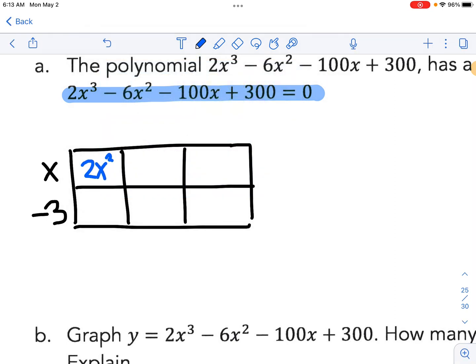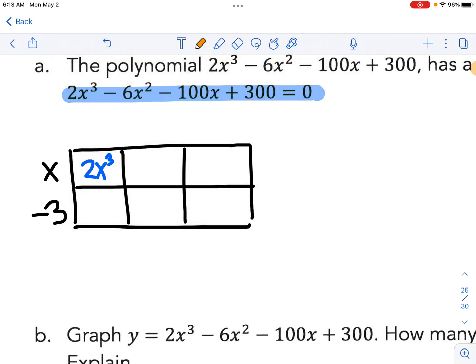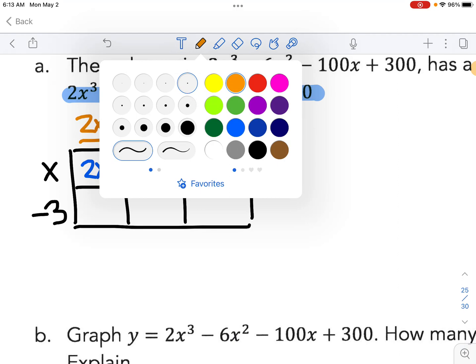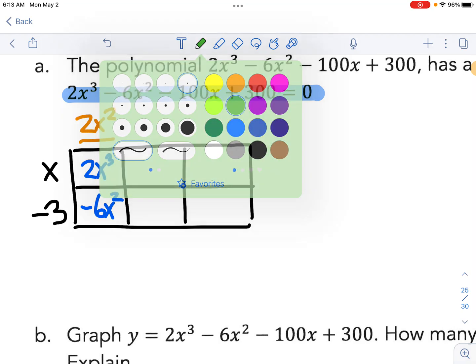So we know we have 2x cubed. We color code this. The product is blue. 2x cubed is that upper left-hand box. We know that this box is going to be 300 here, but I'm going to refrain from putting it in. Okay, let's play the fill in the blank. So this needs to be a 2x squared. And that makes this lower box a minus 6x squared.